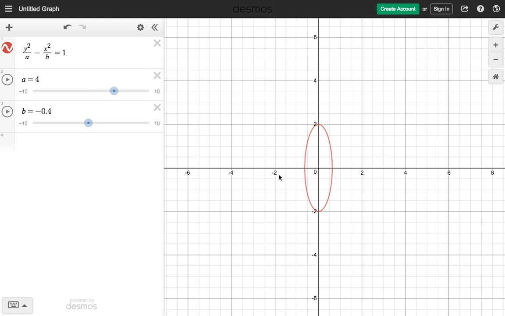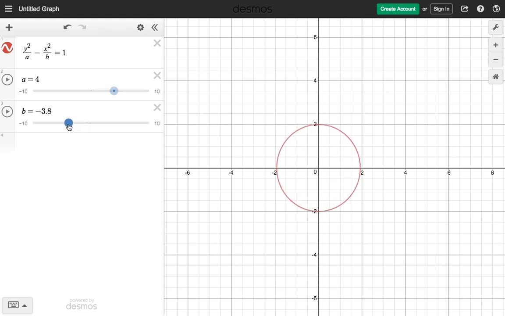Now, given the context of our cone example, you can almost see how this ellipse just looks like a circle that's been rotated out of our field of reference. And this insight is confirmed if you make b more negative and observe that this ellipse becomes more circular and almost looks like it's rotating towards us until we're staring down the barrel of the circular profile of the cone.